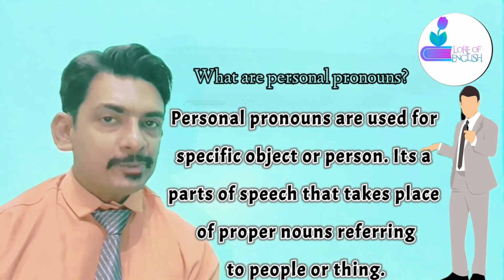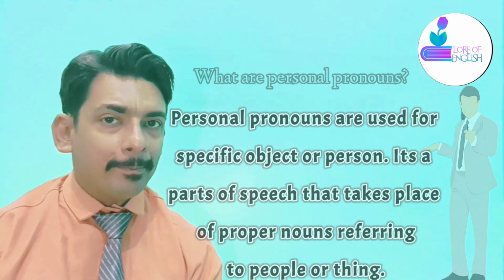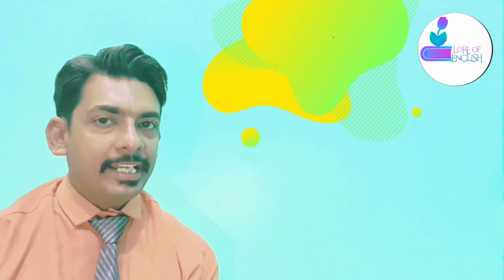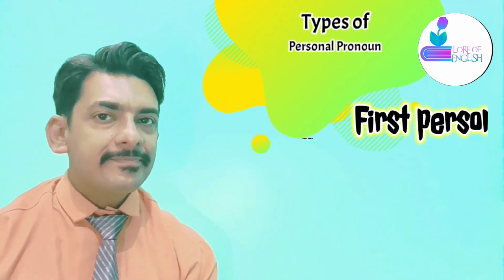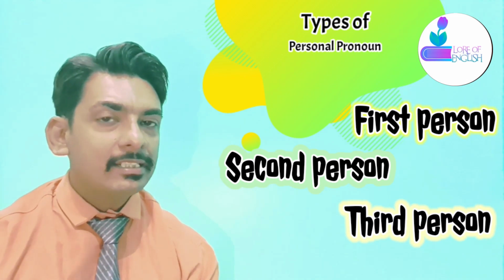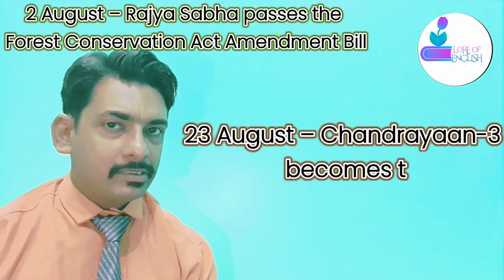They are named as personal pronouns only because they stand for persons, or we can also say the three persons, namely first person, second person and last but not the least, third person. This was just the basic introduction of personal pronouns.